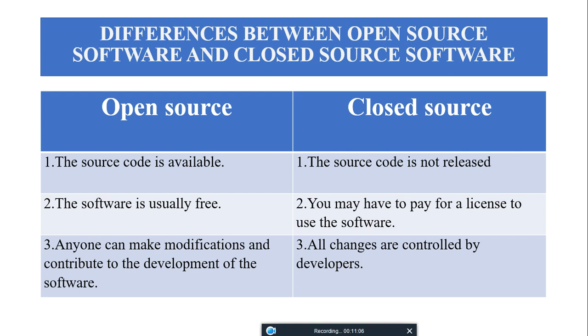The software is usually free for open source software, and for the closed source software, you may have to pay for a license to use the software. 3. Anyone can make modifications and contribute to the development of the software for open source software, while for closed source software, all changes are controlled by developers.